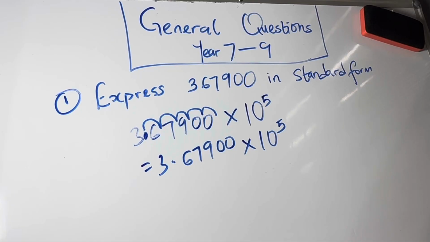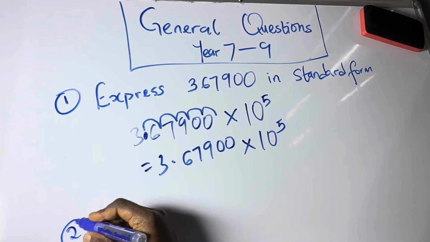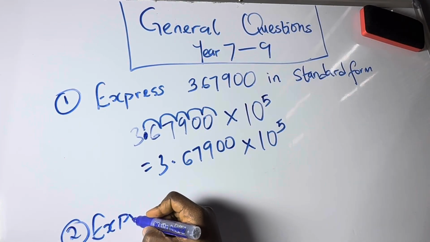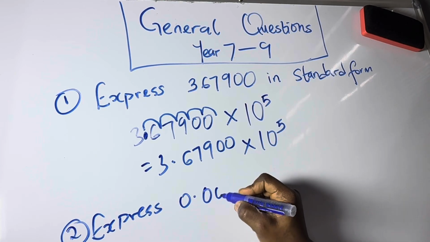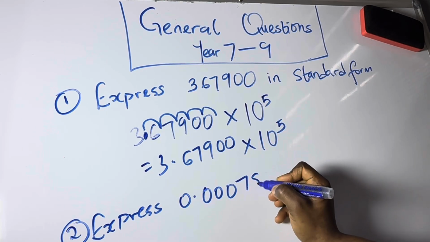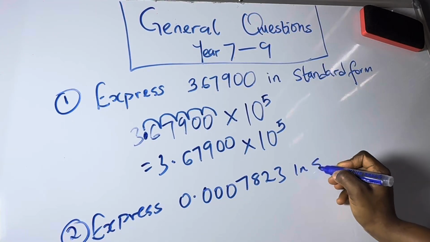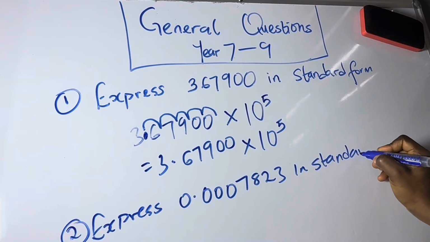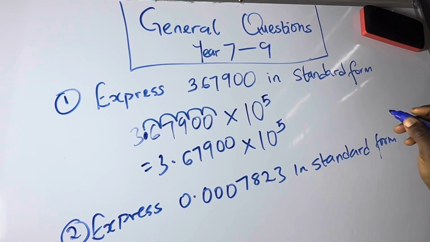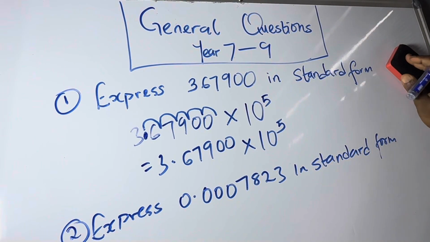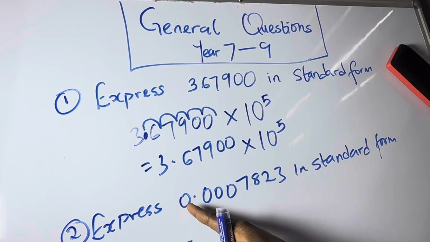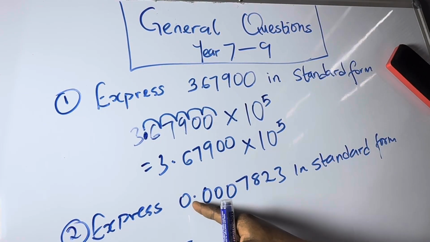Now let's look at another question. Question 2 says express 0.0007823 in standard form. Now, to express this in standard form, how many zeros do we have before and after the point?